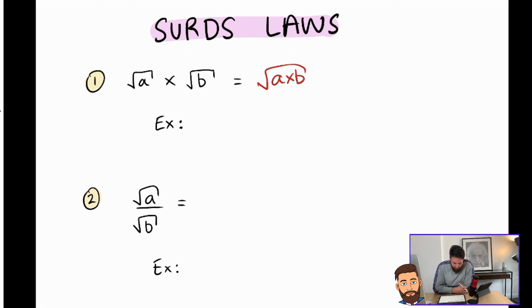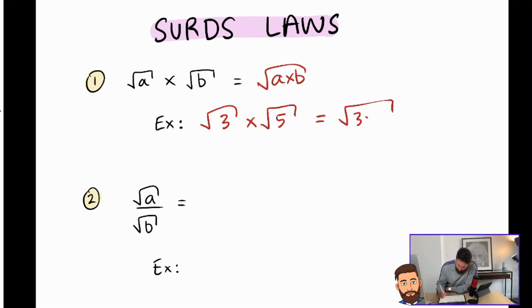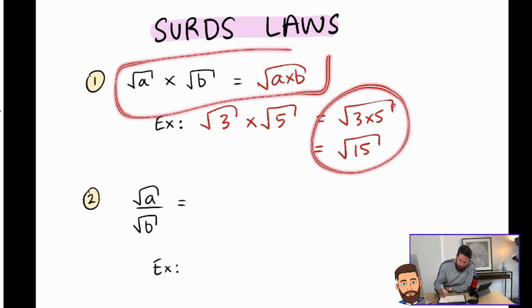An example for this would be if we had the square root of 3 times the square root of 5, we could write that as the square root of 3 times 5, which could be the square root of 15. So we simply just times the surds together and put them in one square root. And we're going to use this law in a second and work backwards from it.